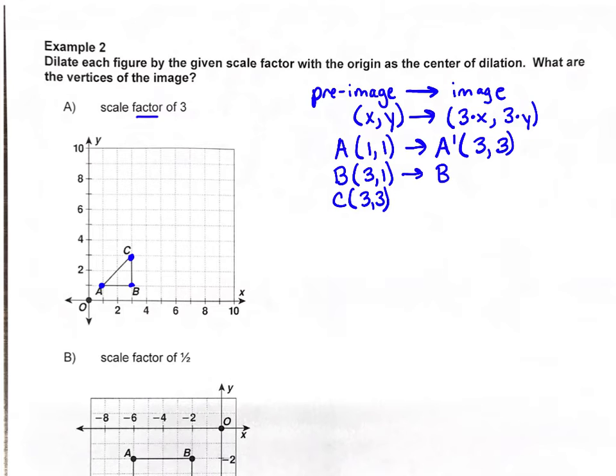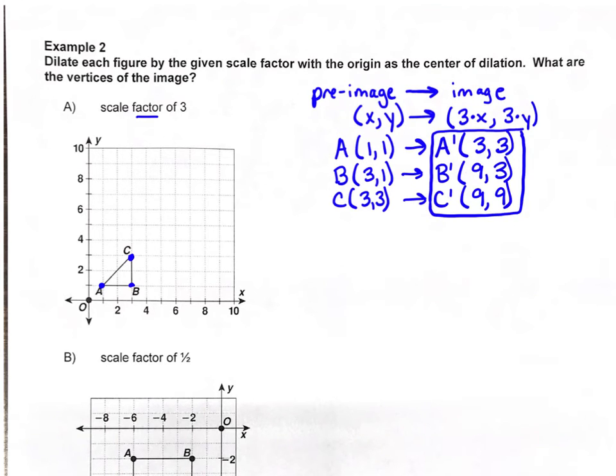And I get B prime, 3 times x is 9, 3 times y is 3. And to get C prime, 3 times 3 is 9, and 3 times 3 is 9. So all I did was I multiplied each coordinate by 3, the scale factor, to get these vertices, A prime, B prime, and C prime.